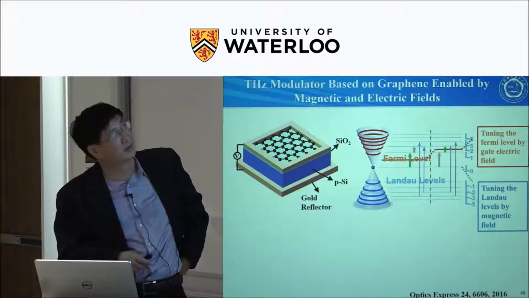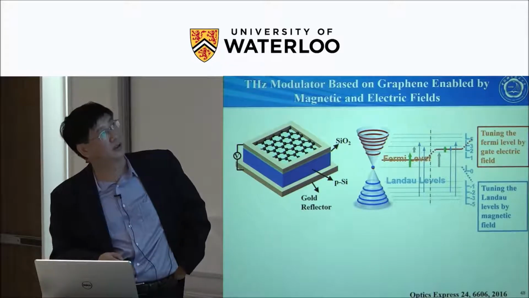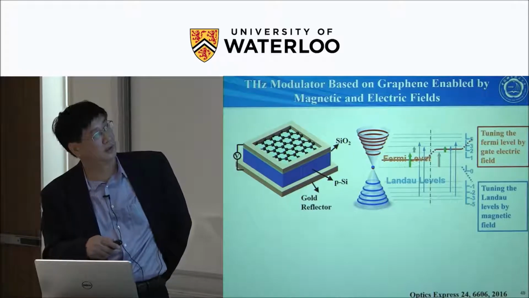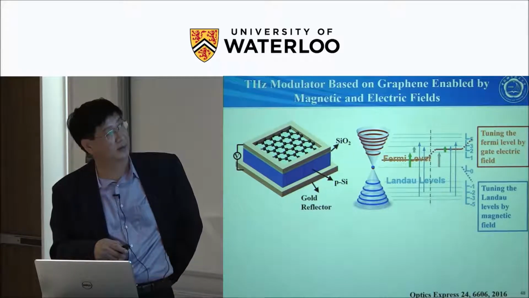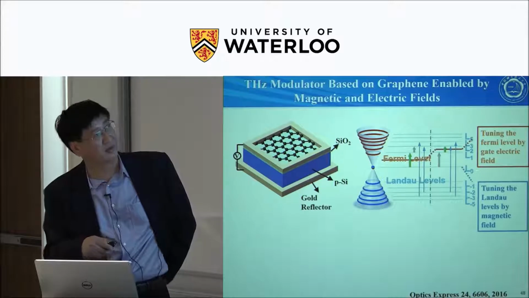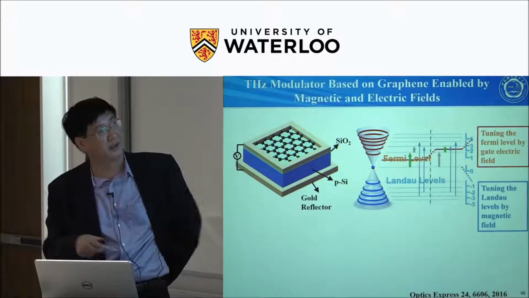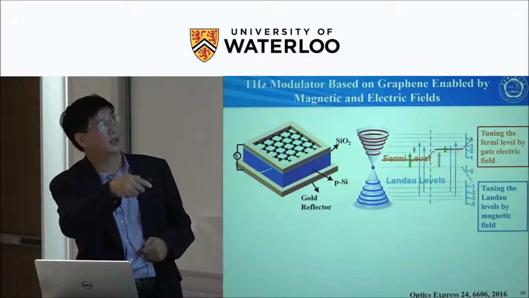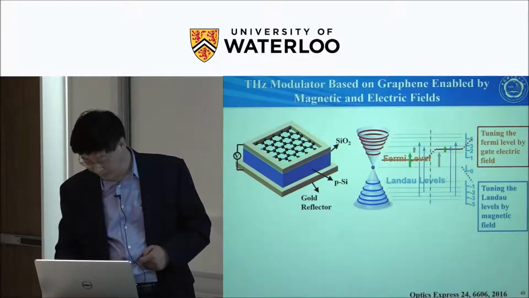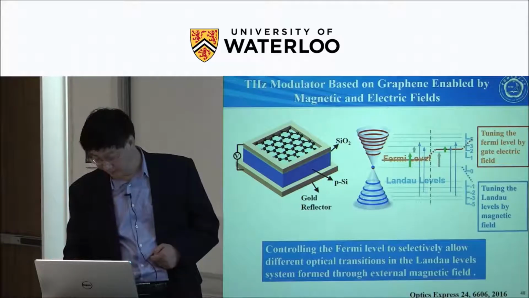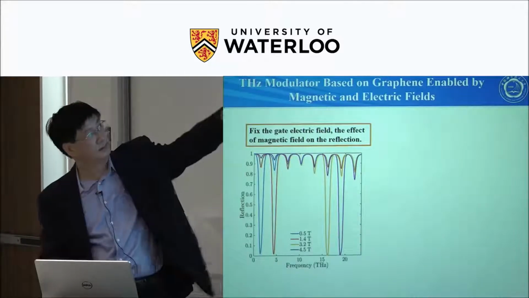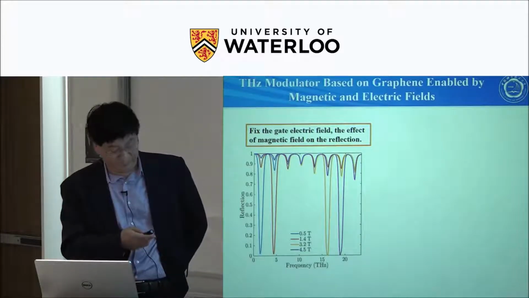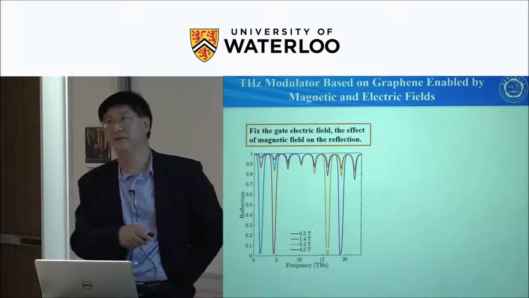Then we have another device developed using graphene, okay. One of my students uses Fermi levels and Landau levels, okay. They're just tuning these levels by the gate electric field. So we have a field applied on this. When we tune this, the results show here. We can also use a magnetic field to tune it.